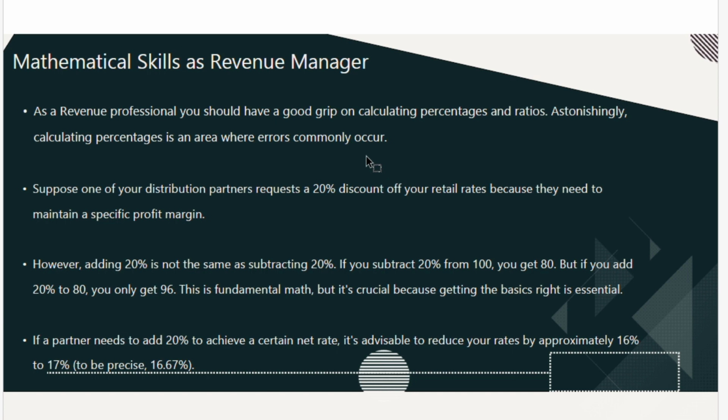So it's advisable to reduce the rates by approximately 16 to 17%. And if you want to give the exact figure, then you can go for 16.67%, or you can round it off to 17%. So you have to be very careful when calculating such discounts.